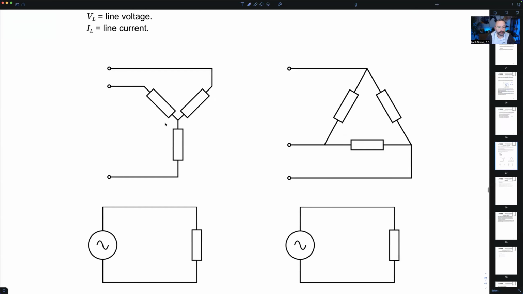So I have a Y-connected load. Whatever this complex impedance is, it's the same in each phase. I break apart the connection type, so it's no longer Y connected, and I take the same 3 equal impedances and connect them in a delta configuration.